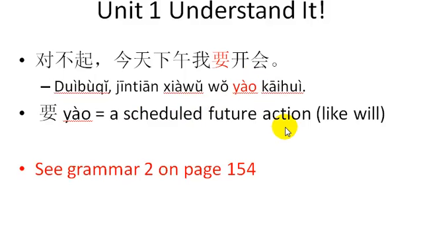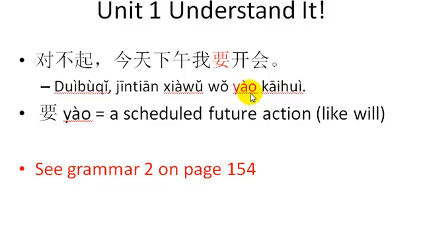Now, a tendency for foreigners or non-native Chinese speakers learning Chinese is whenever we first learn this word yao, I did the same thing when I first learned this, I thought, oh, here is the word for will. I will do something. I will eat. I will go to Boston tomorrow, right? It's like, oh, wow, I finally found the word for will, for future tense. Here's how we express future tense in Chinese, right? And generally, that's kind of true, but not really.